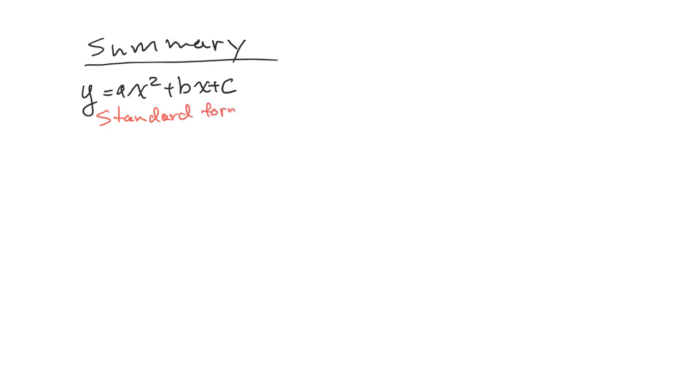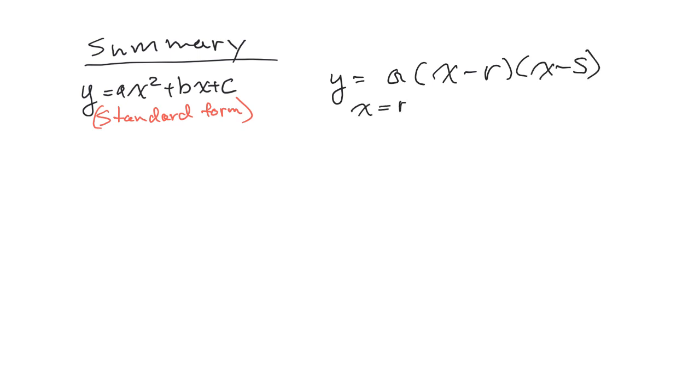So the standard form is just the expansion of this form. y is equal to a times x minus r, x minus s, where x equals r and s are roots. And in order to find that, what we did was we let y equal 0 and factored. Now, please make sure that you call this the factored form, not the standard form.